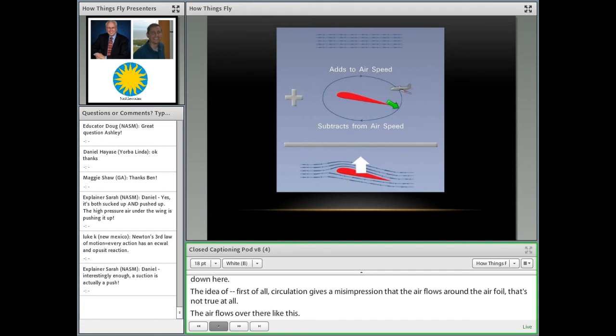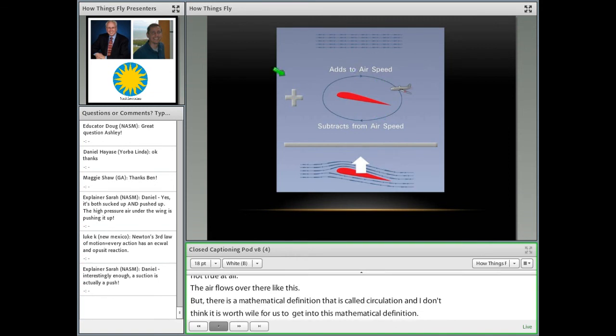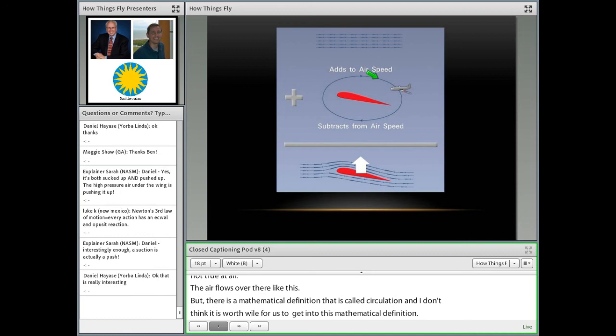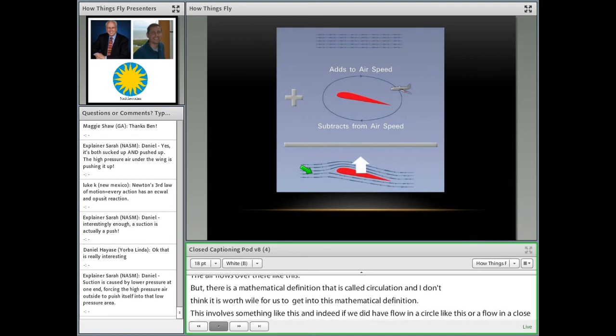This mathematical definition involves something like this. Indeed, if we did have flow in a circle like this or a flow in a closed path like this, there would be something called mathematically circulation, which you can then add to the free stream here. And it gives rise to what's called the circulation theory of lift.